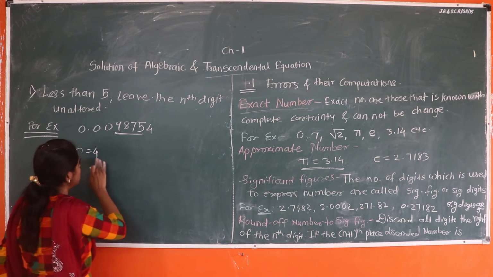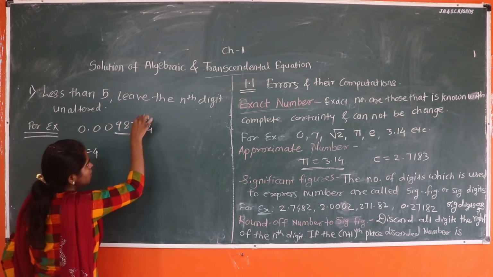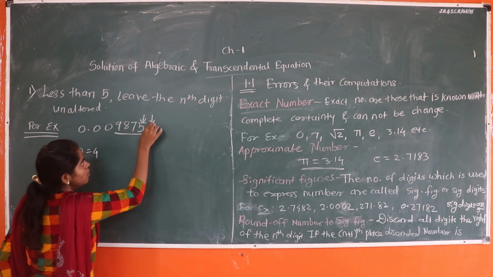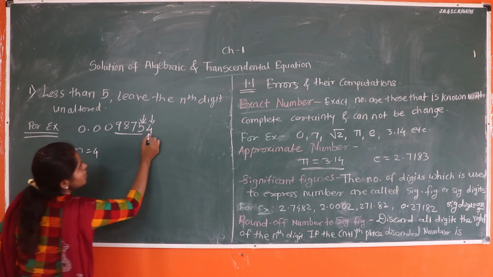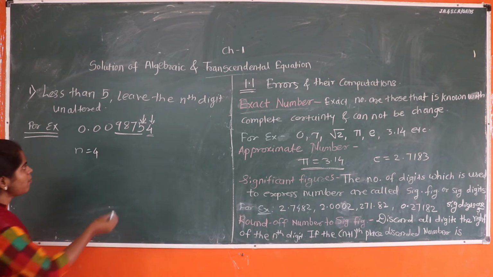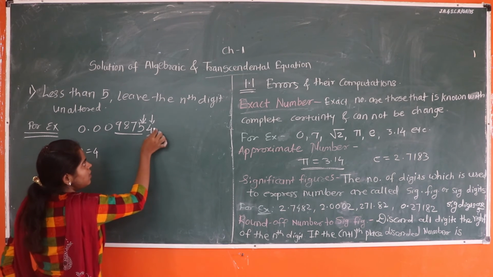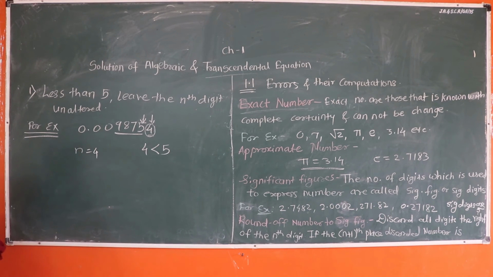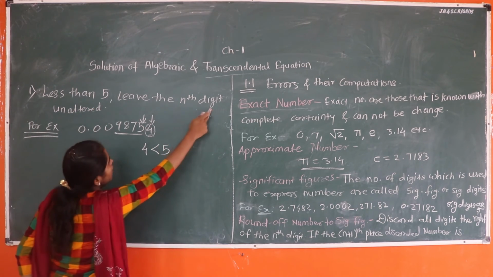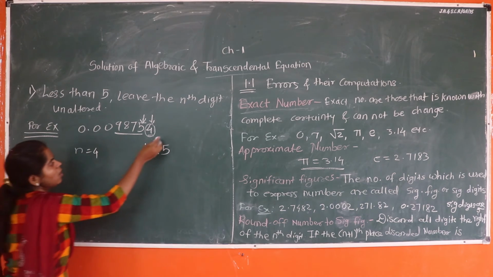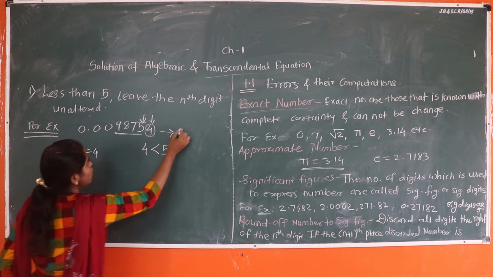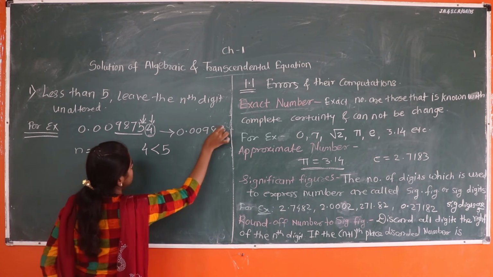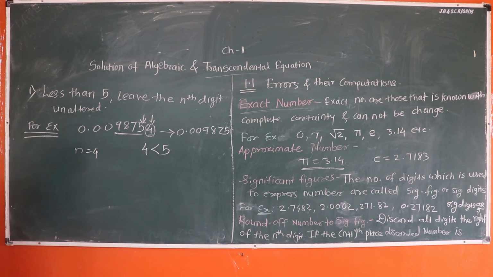The nth digit is 5 and the n plus 1 digit is 4. So we discard this 4, but this 4 is less than 5. Since it is less than 5, leave the nth digit unaltered. So up to 4 significant figures we write 0.009875.